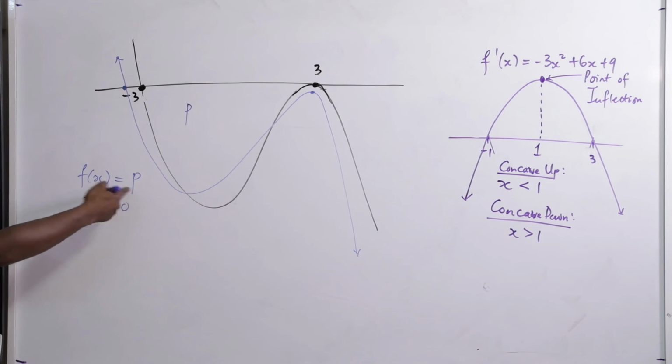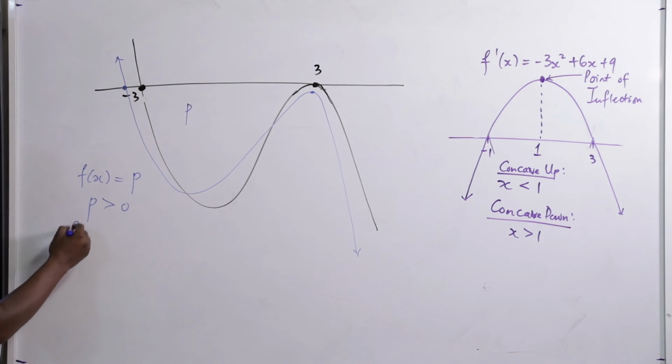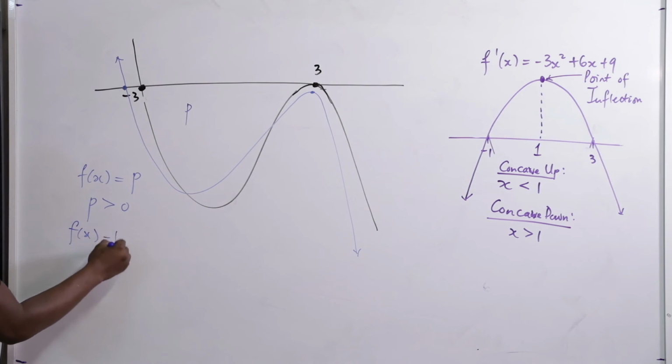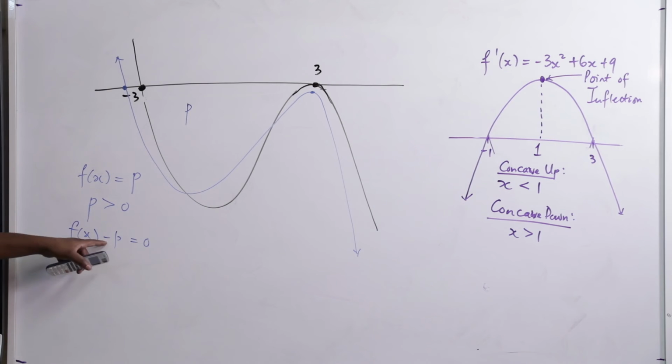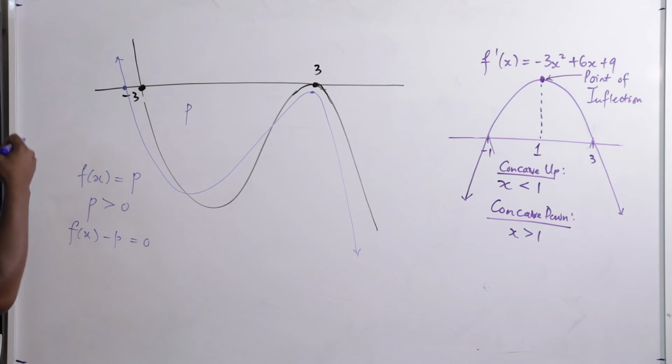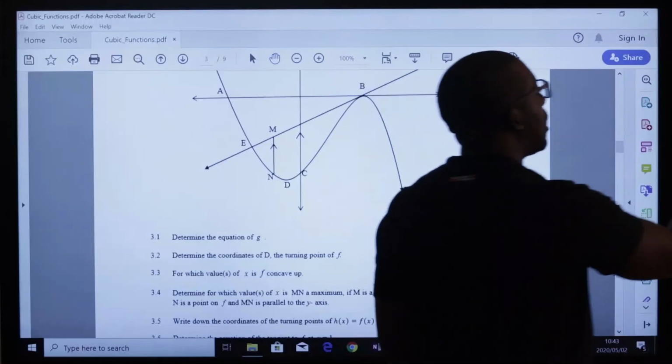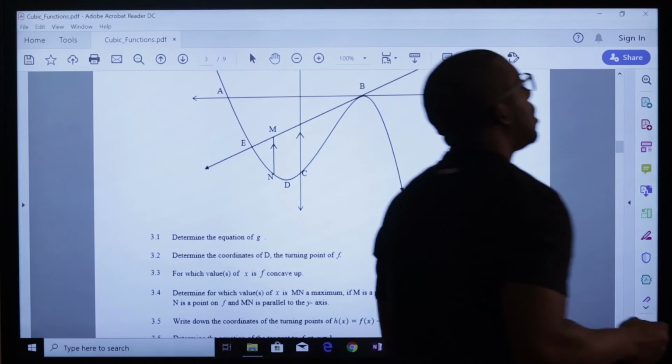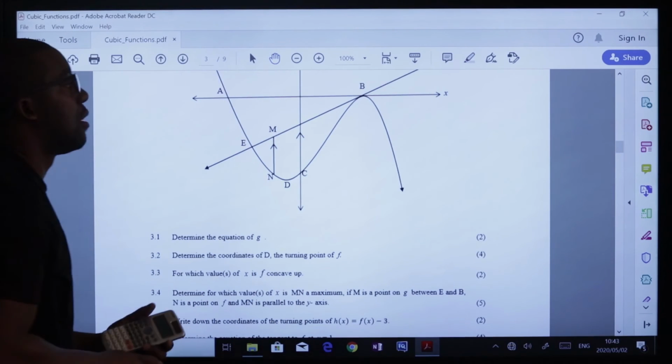Why is that so? Because this is a vertical transformation. When you say f of x minus p, you are shifting the graph down because of the negative. So it only takes for p to be anything greater than 0, even the smallest fraction, so long as it's a downward transformation, the graph is going to have exactly one real root, which is that one there.